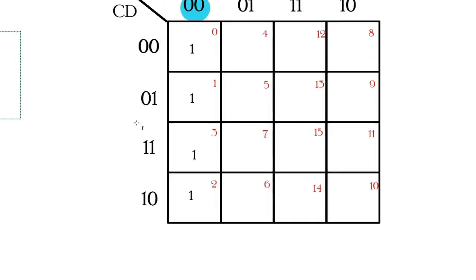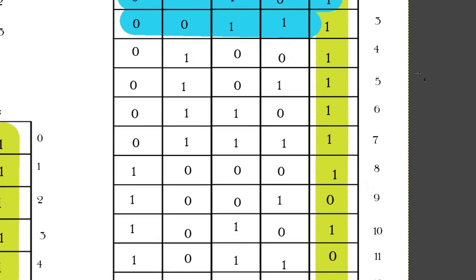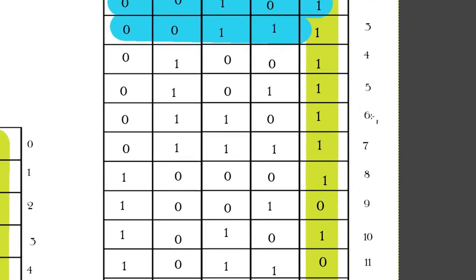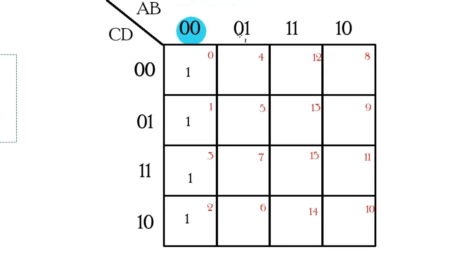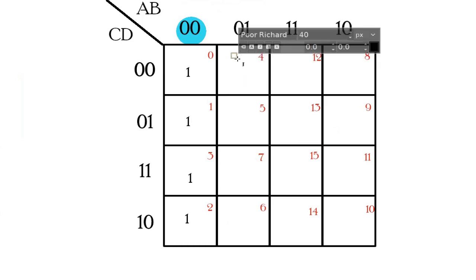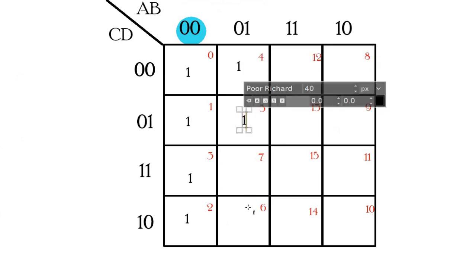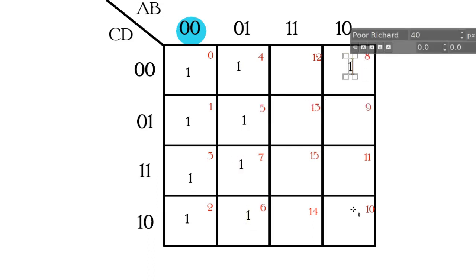The rest I'm going to be marking with the numeric digits, because it's a lot faster. So we have ones on 4, 5, 6, 7, 8, 10, right?